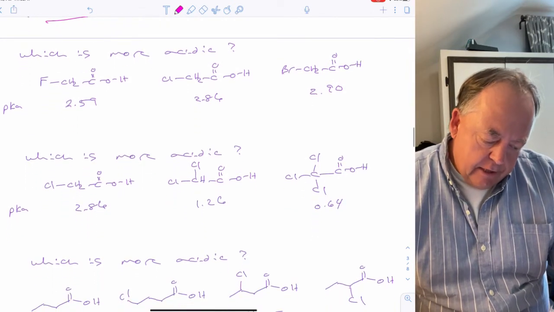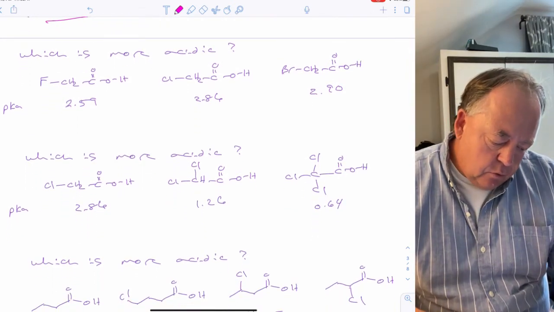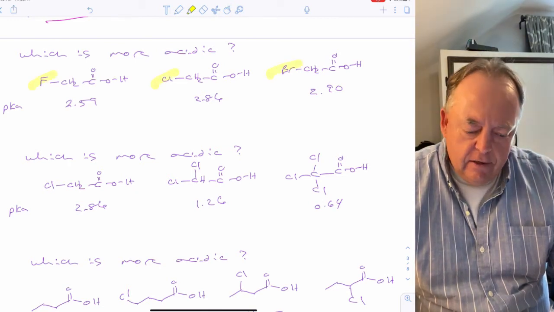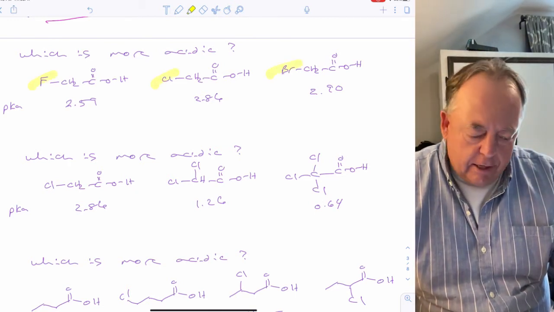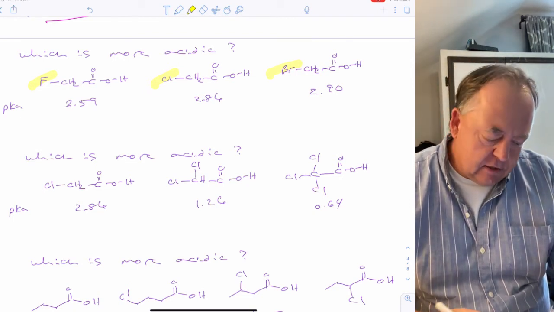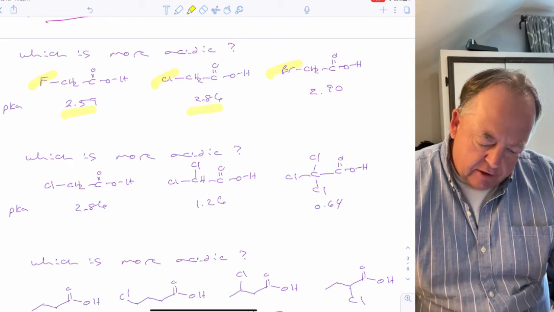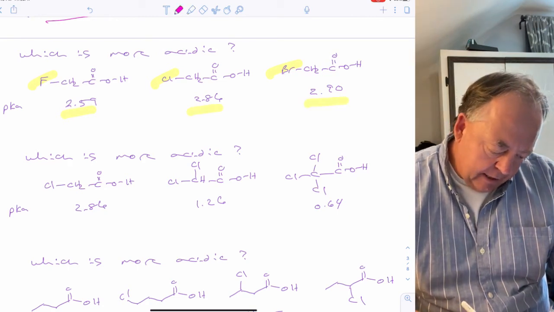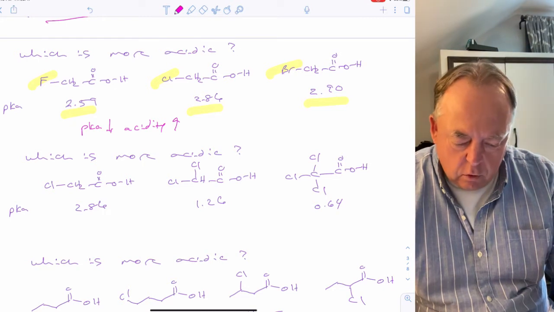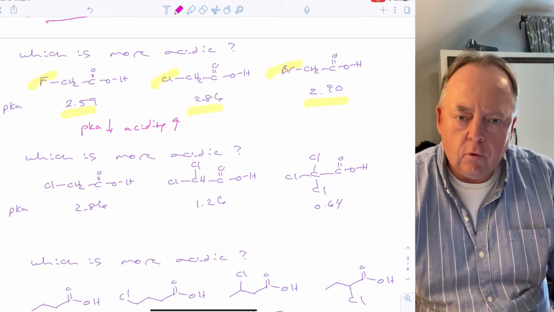Okay, so we can see that here if we compare these three carboxylic acids where you have a fluorine versus a chlorine versus a bromine, and obviously fluorine is more electronegative, so fluorine would do a better job of stabilizing the negative charge of the carboxylate, and you can see that reflected in the acidity, right? If you remember, as pKa goes down, acidity goes up. So fluoroacetic acid is more acidic than chloroacetic acid, which is more acidic than bromoacetic acid.